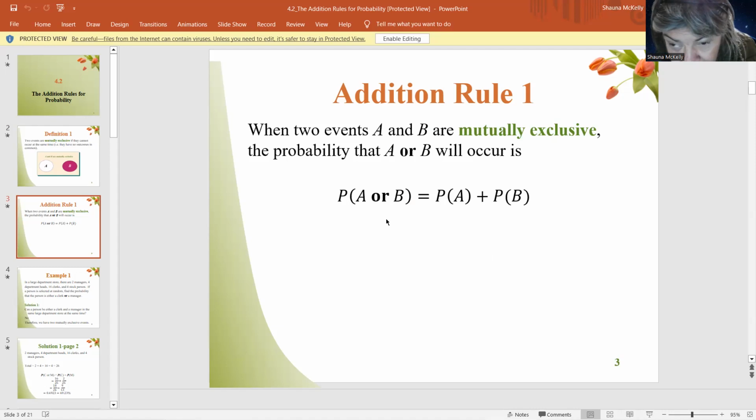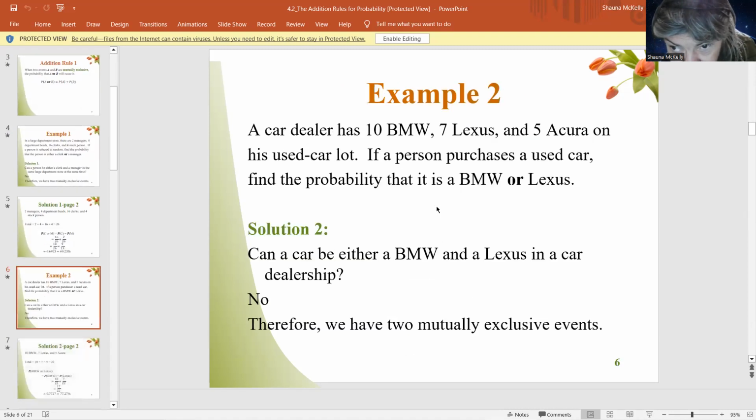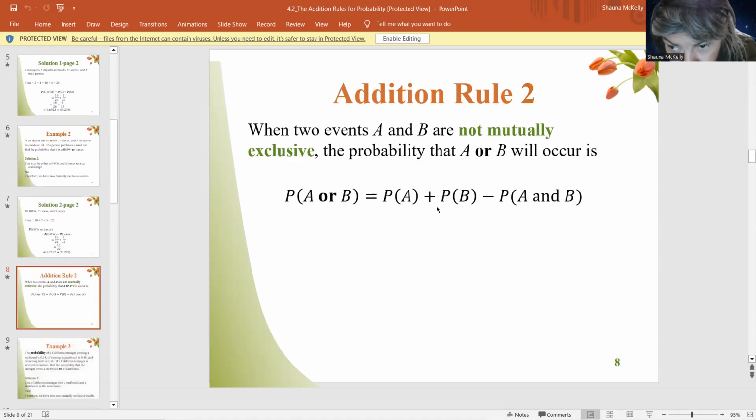There's the one for mutually exclusive events where they don't overlap. And there's one for non-mutually exclusive events when they do overlap. So essentially, if you take out the overlap, then you're using this rule here. Okay.